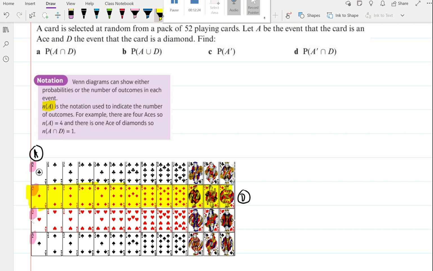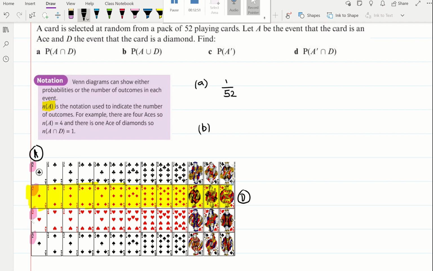But there is only one card which is both an ace and a diamond. So the intersection, the number for the intersection between A and D is 1, only one card. So for question 1, they said find the probability for the intersection of A and D. Well, that is 1 out of 52.